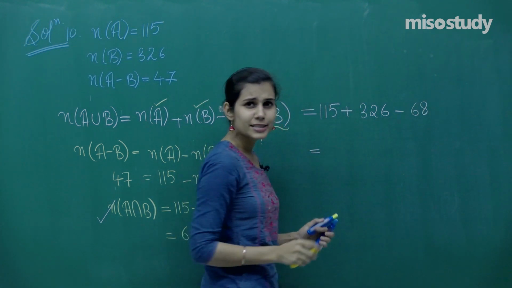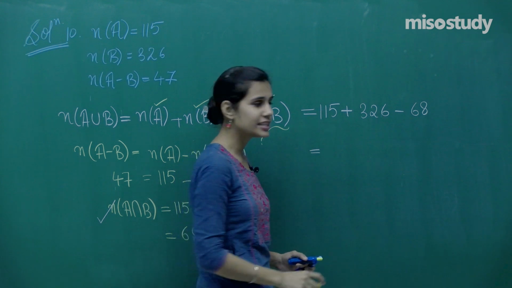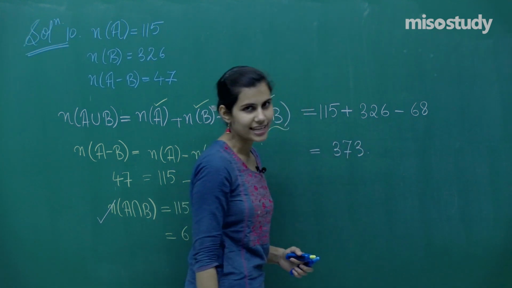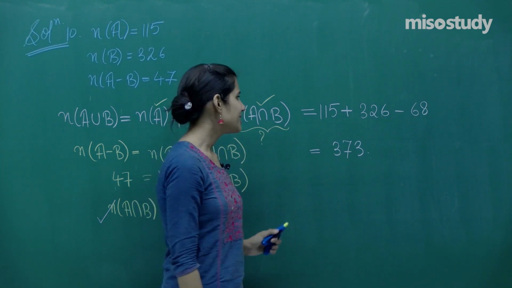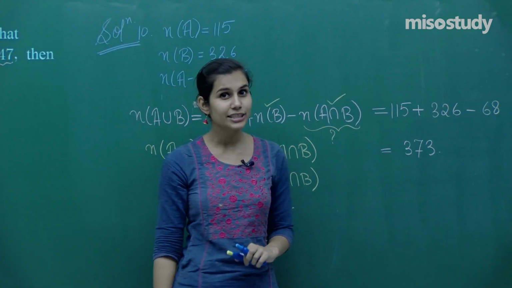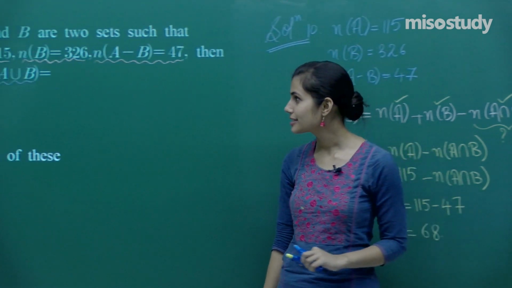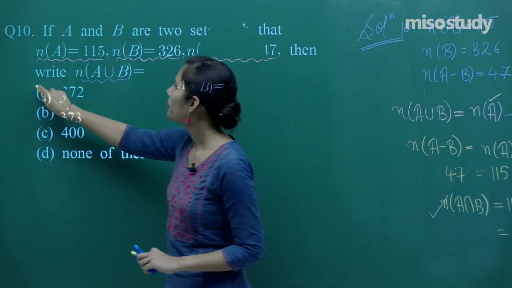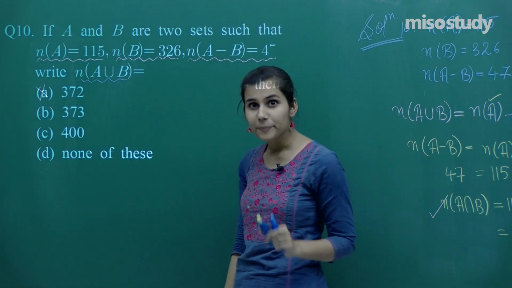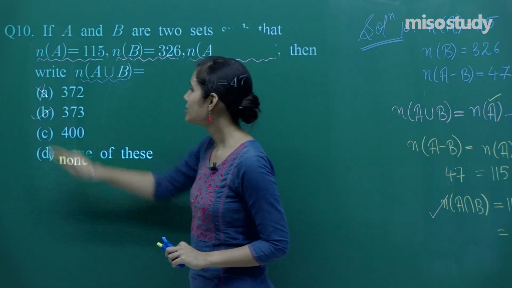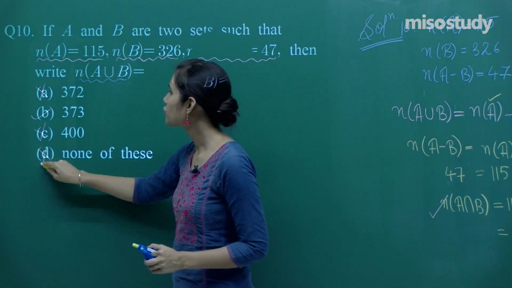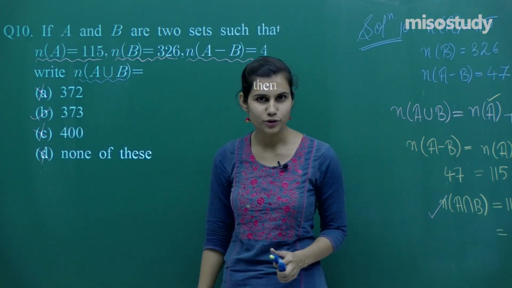This very simple calculation is going to deliver 373 as the answer. Let us see if we have 373 among the options. Option A is 372. No, that's wrong. Option B is 373, which is correct, and therefore C is wrong, and obviously none of these is wrong because B is the correct option.